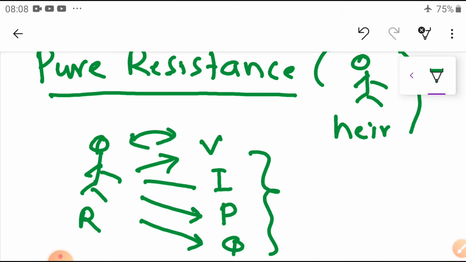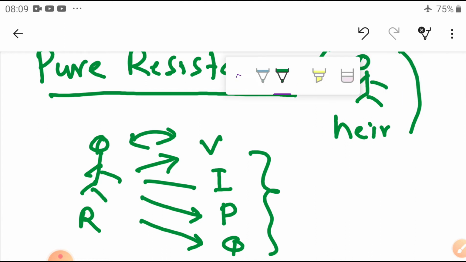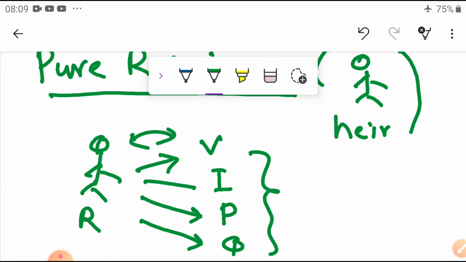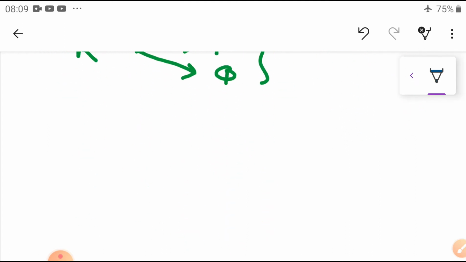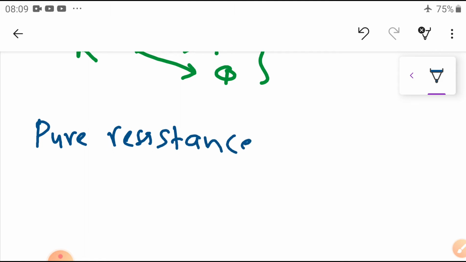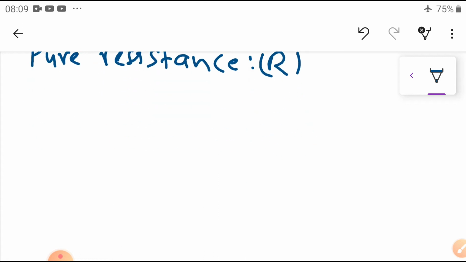Okay, so let us see now. Here, pure resistance only, a single person, only pure resistance, no combination of resistors. Now let us see.